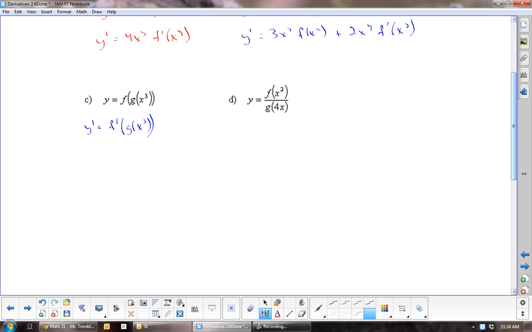Remember, you don't change the inside when you do the first derivative of the outside. Then times the derivative of the next level in, g prime of x cubed, times 3x squared.